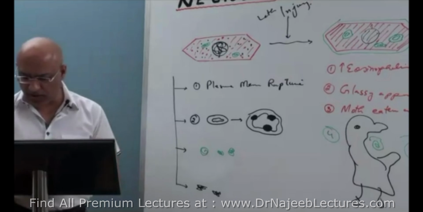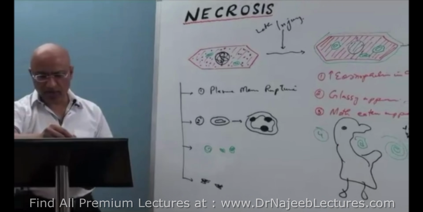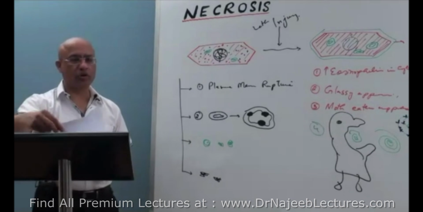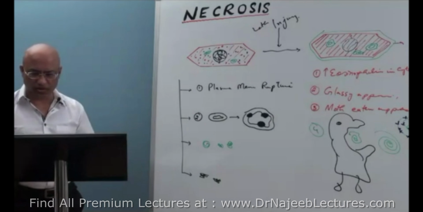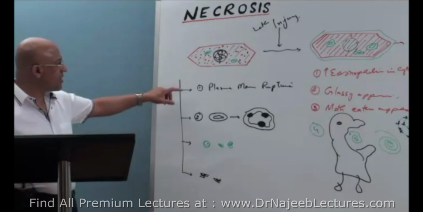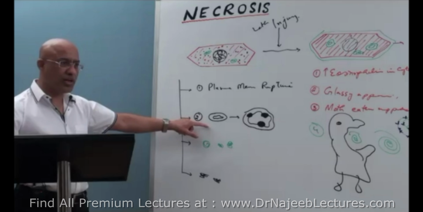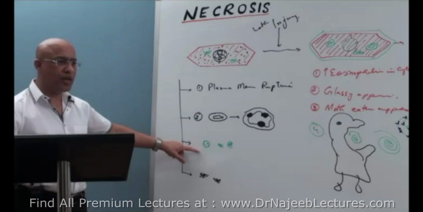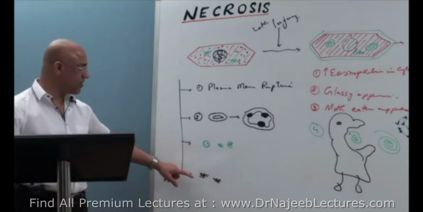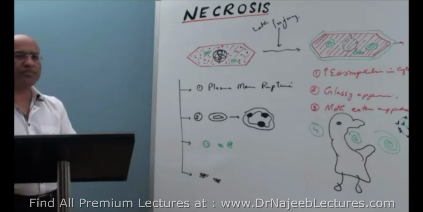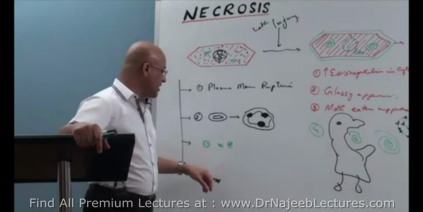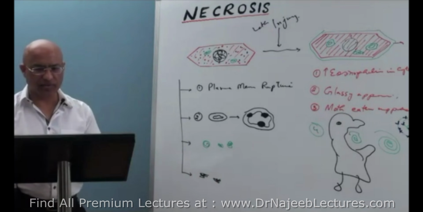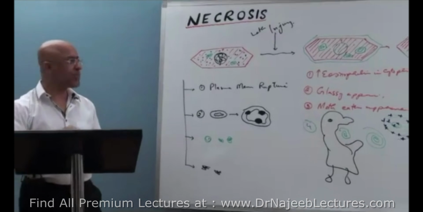So the changes you will see under the electron microscope, which we call ultrastructural changes, may be ruptured membranes, swollen mitochondria with amorphous densities, multiple intracellular myelin figures, and fluffy amorphous deposits in the cytoplasm, which may represent denatured proteins. So these were the changes in the cells.